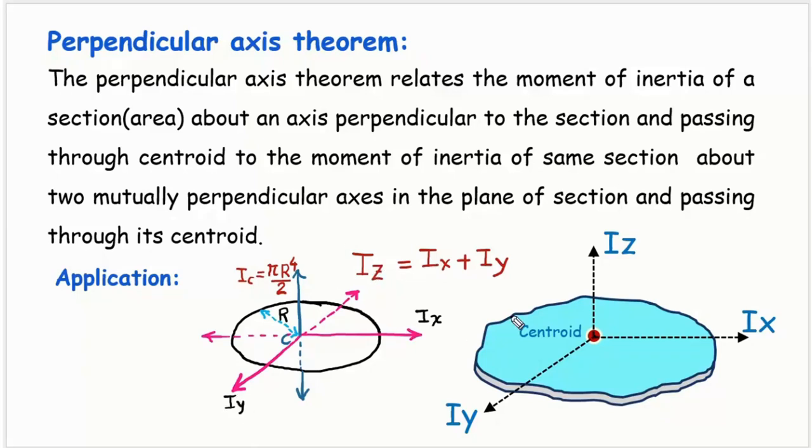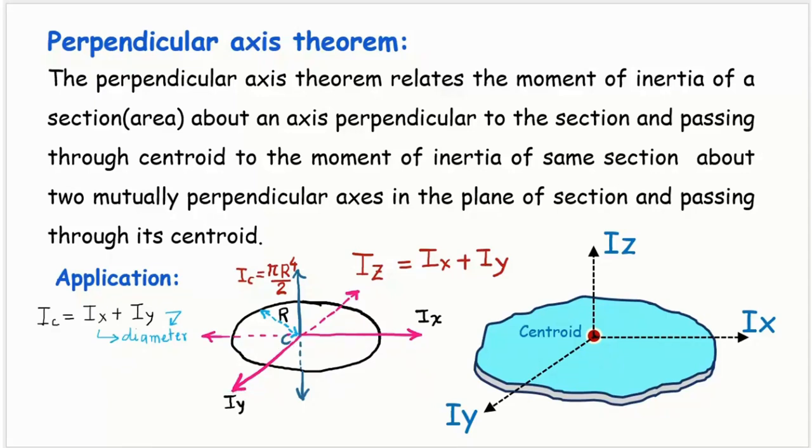So friends, according to perpendicular axis theorem, I can say that the moment of inertia about this polar axis, that is Ic, will be equal to the moment of inertia about this axis, that is Ix, plus the moment of inertia about this axis, that is Iy. But friends, both Ix and Iy are along the diameters. Okay, it means Ix and Iy, symmetrically, they are equal.